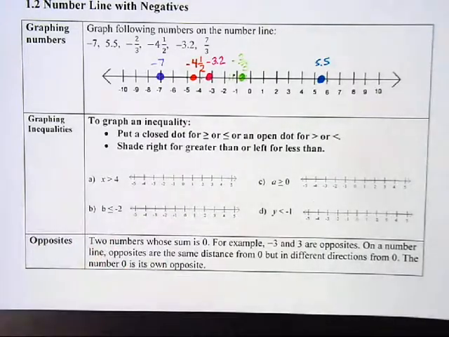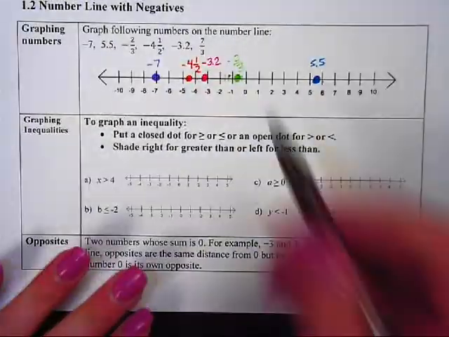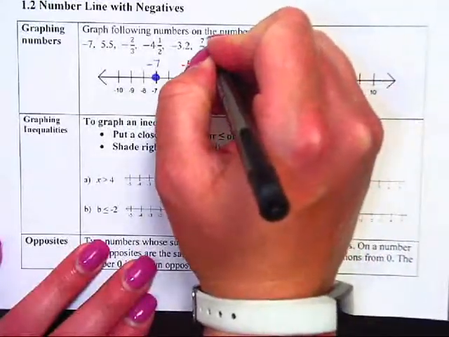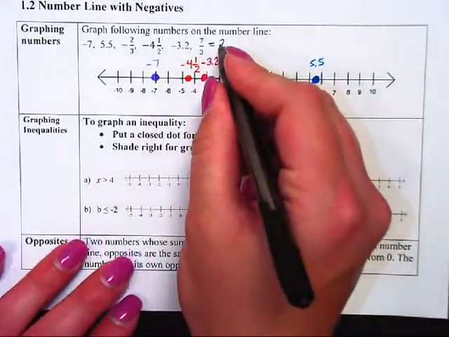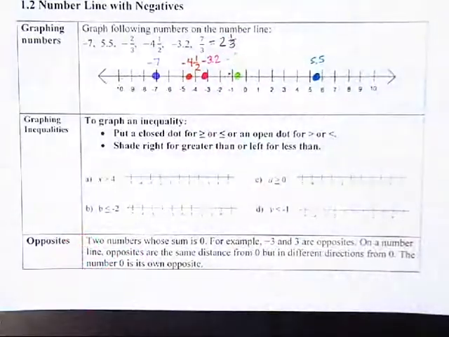Our last one, 7/3. I'm going to change this improper fraction to a mixed number. If I do 7 divided by 3, I would have 2 whole numbers. 3 times 2 would require 6 pieces, and that would leave me with 1/3 left over.